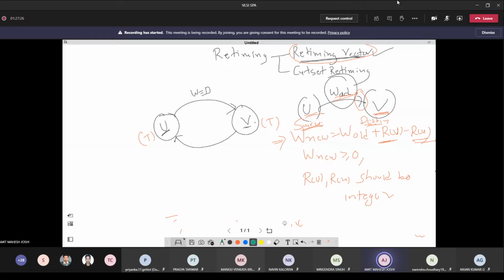We are interested in the critical path because for that path we need to reduce the delay. We discussed this 15-20 minutes back: for the critical path we need to reduce the delay. So now in this graph we need to find the critical path. What is the critical path?